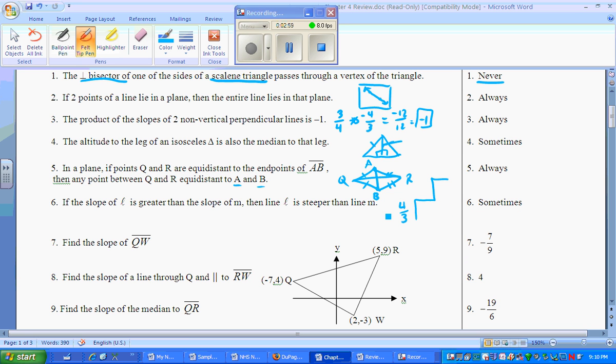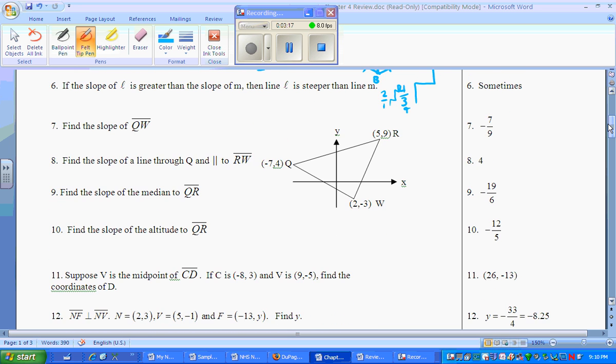And then you have a slope of, let's say, 2/1. You go up 2/1, up 2/1. This slope, the 4/3, is actually steeper than the 2/1. So it works sometimes.